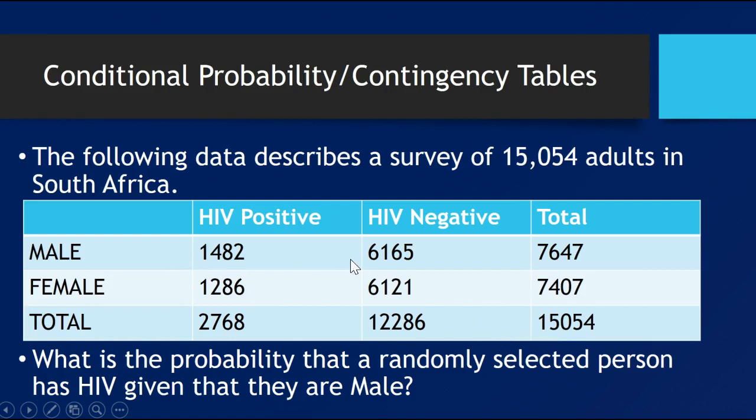Since I'm given that they're male, it's going to be out of 7,647. And those males that test positive for HIV, since I'm working in this very top row, are only these 1,482 males.